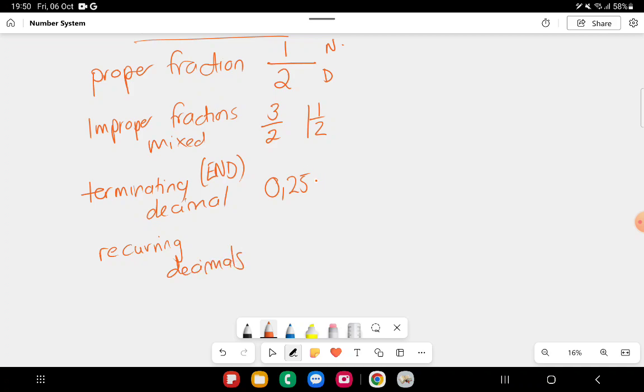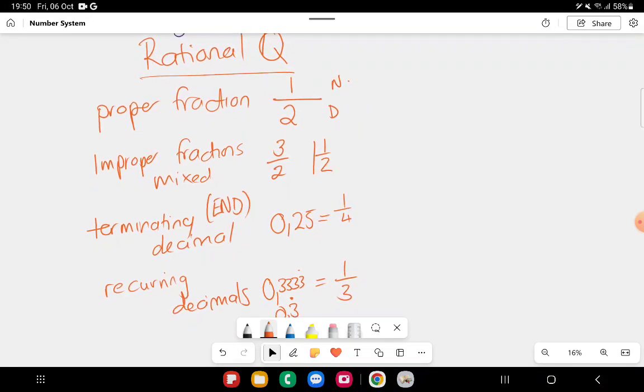So 0.25, for example, is equal to a quarter. If I was to write 1/3, a third, as a decimal, I would write 0.3333 recurring, or 0.3 recurring. It continues forever, 333333333. These are the 4 different kinds of numbers that are rational numbers.